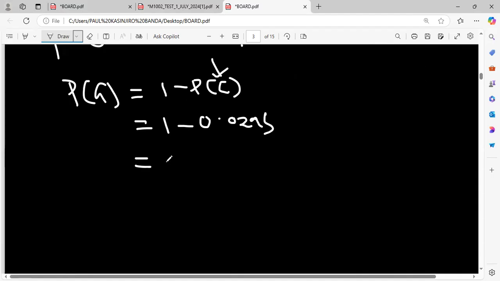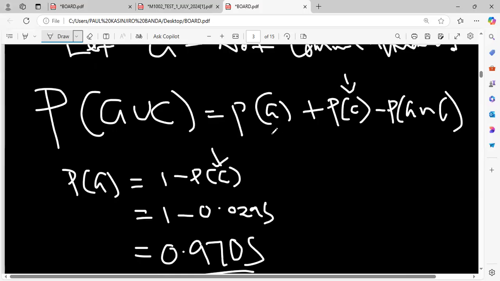The probability of the sample being good, or not contaminated, is just 0.9705.